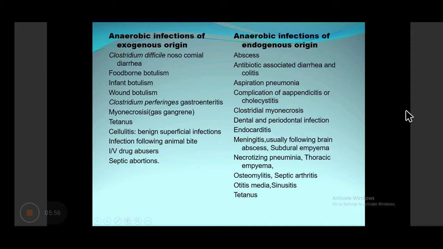Aspiration of gastric contents, in a patient on a ventilator. Okay, during endoscopy there is aspiration of gastric content into the lungs, so there is aspiration pneumonia, or complication of any inflammatory condition like appendicitis, cholecystitis, endocarditis.